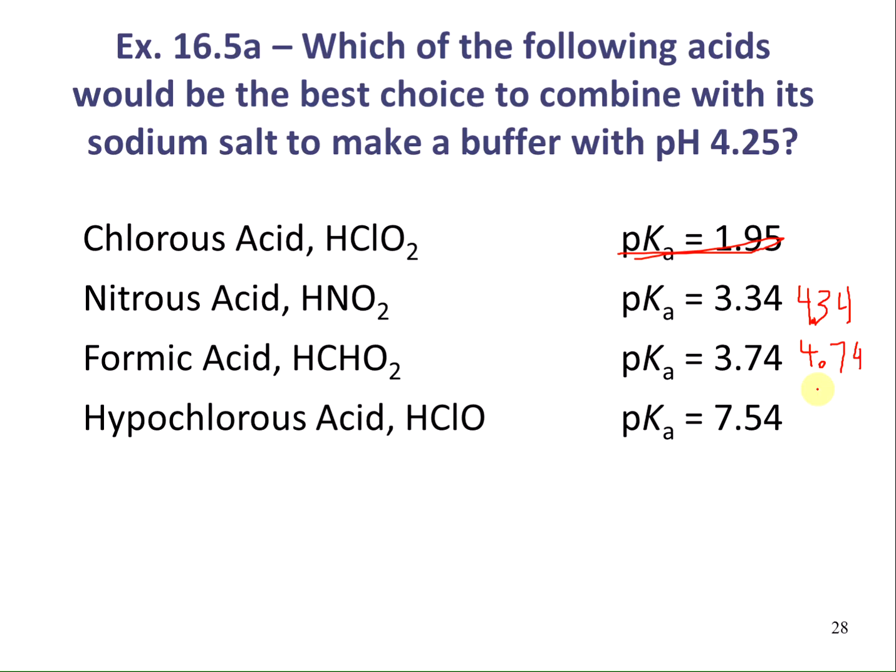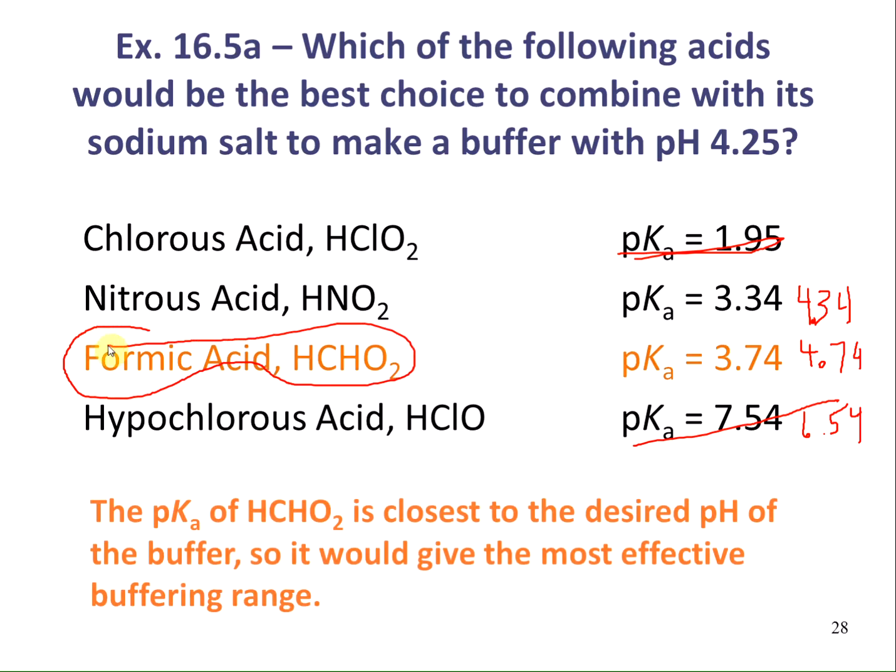And then the hypochlorous acid, the lowest pH at which it would be effective would be 6.54. So 4.25 does not fall within this, so I can exclude the hypochlorous acid. And the formic acid has a pKa value closest to the pH of the desired buffer system that we'd like to create. So formic acid would be our best choice.